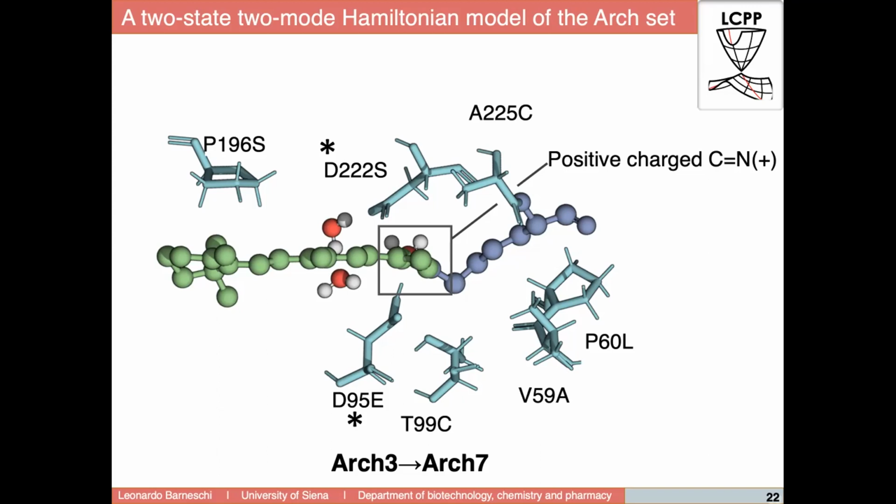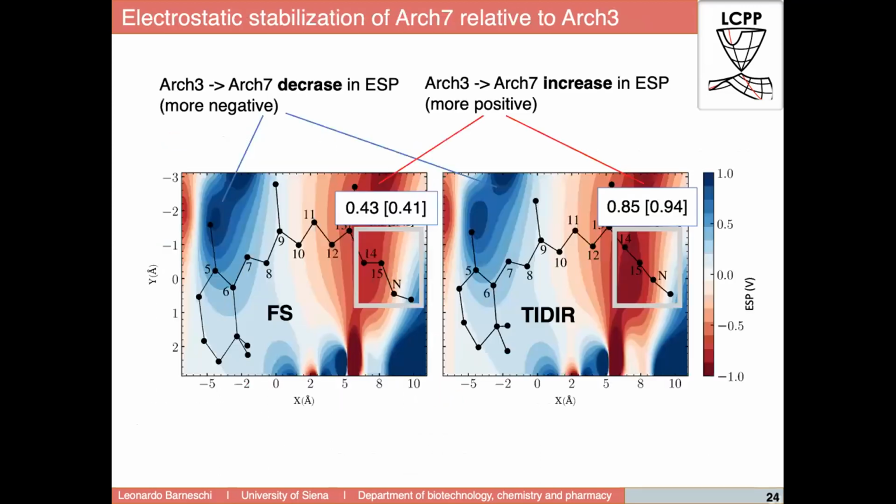We couldn't say much about the contribution of the single amino acid substitutions, but in general we saw that the electrostatic potential projected by the most fluorescent model is basically perfect to stabilize the fluorescent state and destabilize this twisted diradical state.